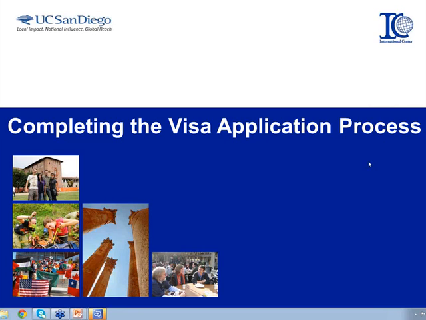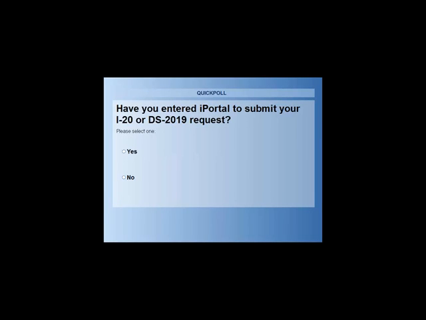Hello again. Before I start the next section, I want to conduct a poll about whether or not you have already submitted your request for an I-20. On your screen, you will see a question. Have you entered iPortal to submit your I-20 or DS-2019 request?